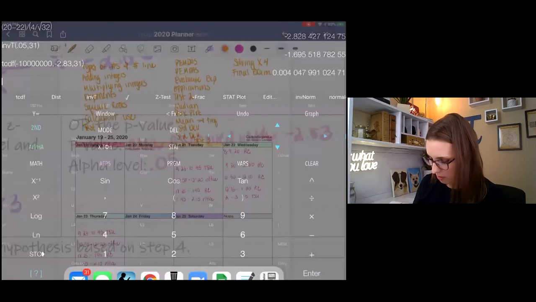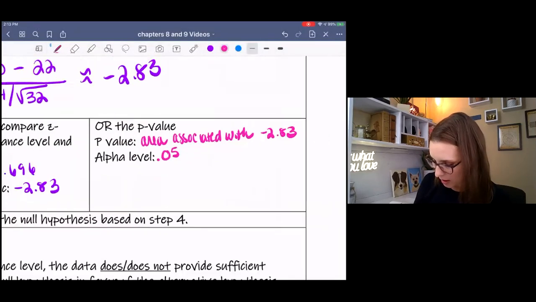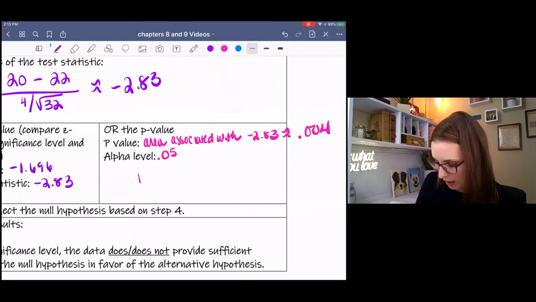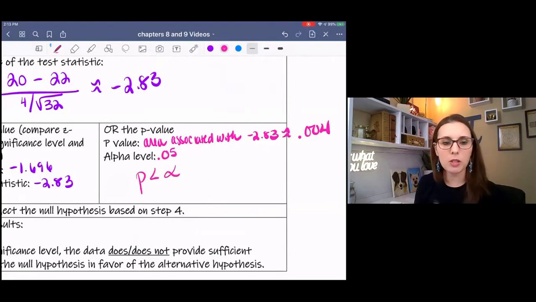So go back here, my p-value is about 0.004. And then if p is less than alpha, I've been using less than alpha. It's actually less than or equal to, but that's okay.